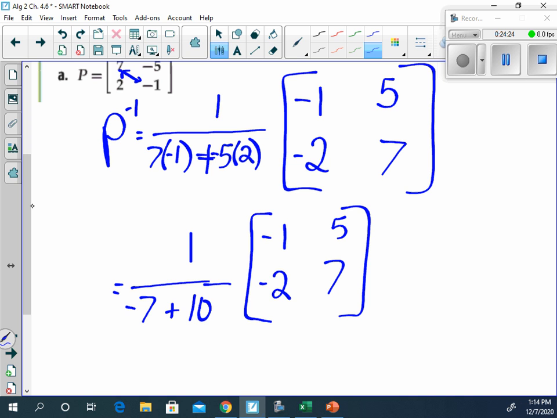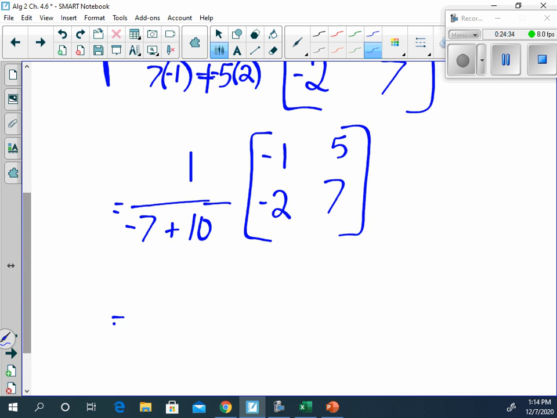So we're just really simplifying that fraction out front, the scalar, and then we're going to multiply through by that scalar. Negative 7 plus 10 is positive 3.